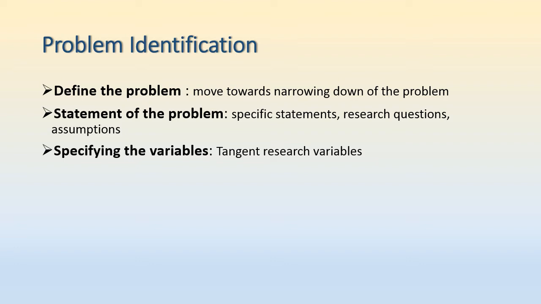Another very important task in problem formulation is specifying the meaning of each variable in context to the scope of the particular area. It is also very important to identify the significance of a particular research, which means whether the findings would contribute to the knowledge base and up to what extent.